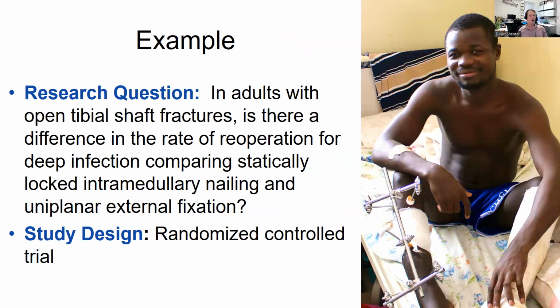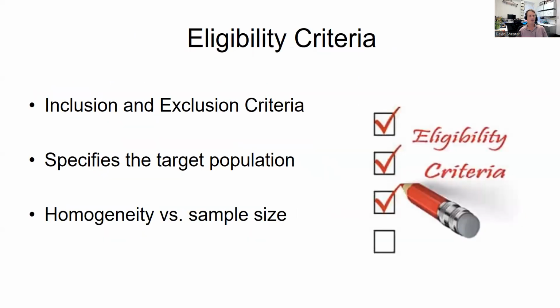So we're going to continue along with the same example that we have been using, which is this randomized trial comparing intramedullary nailing and external fixation for open tibia fractures.